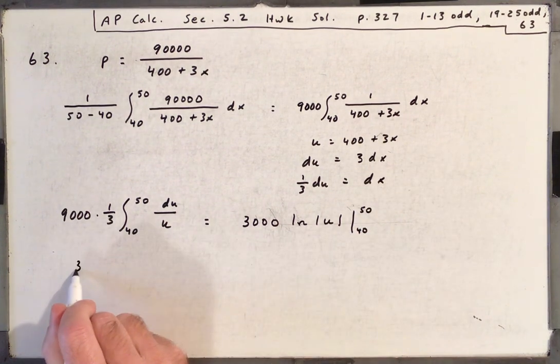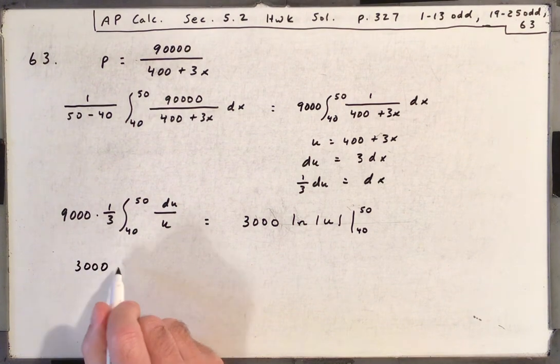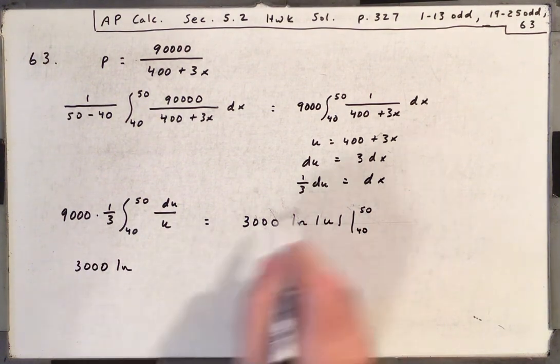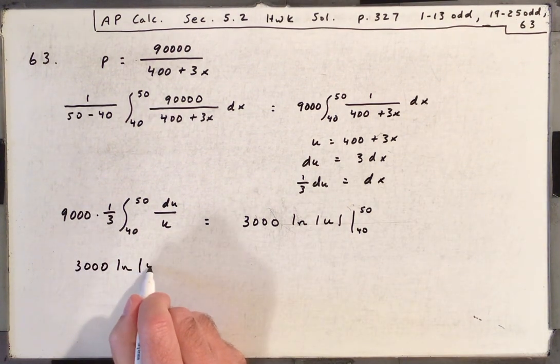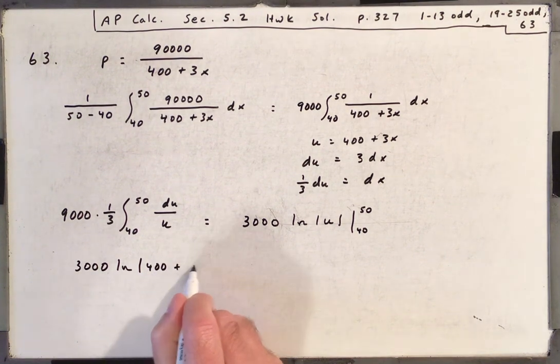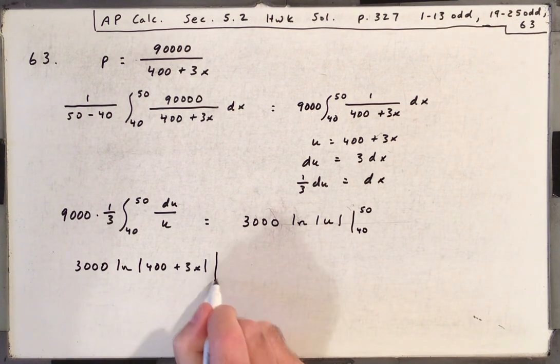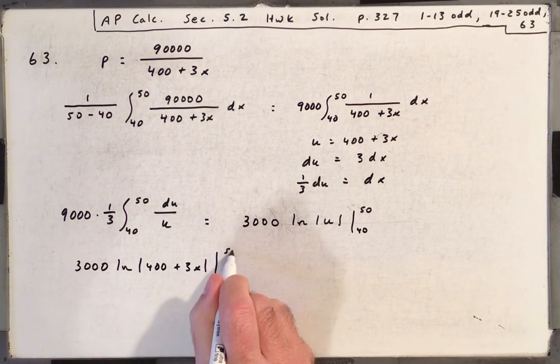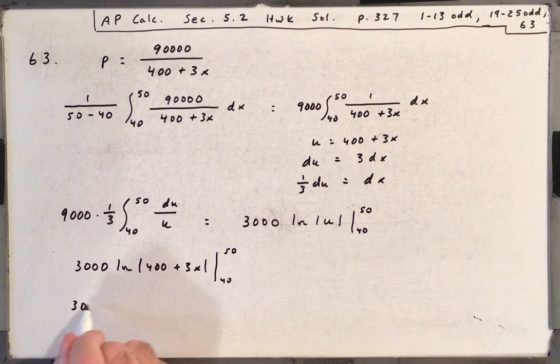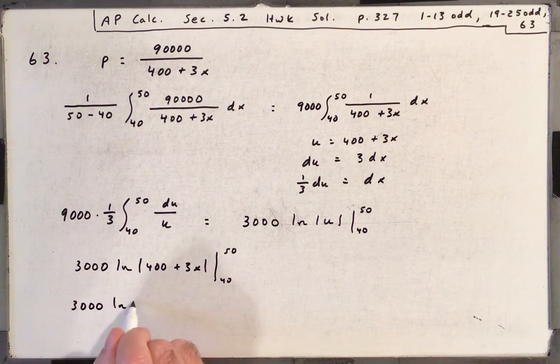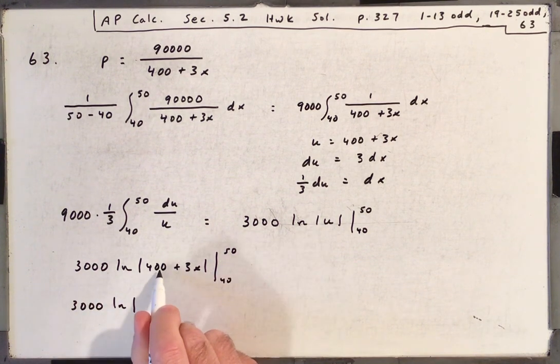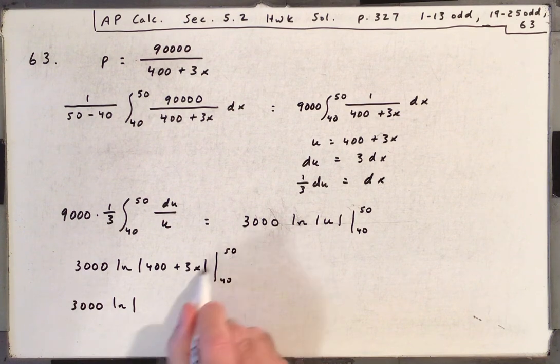So that's 3,000 times the natural log of the absolute value of 400 plus 3x, plugging back in for u, evaluated from 40 to 50. So that's 3,000 times the natural log of 400 plus 150, right?